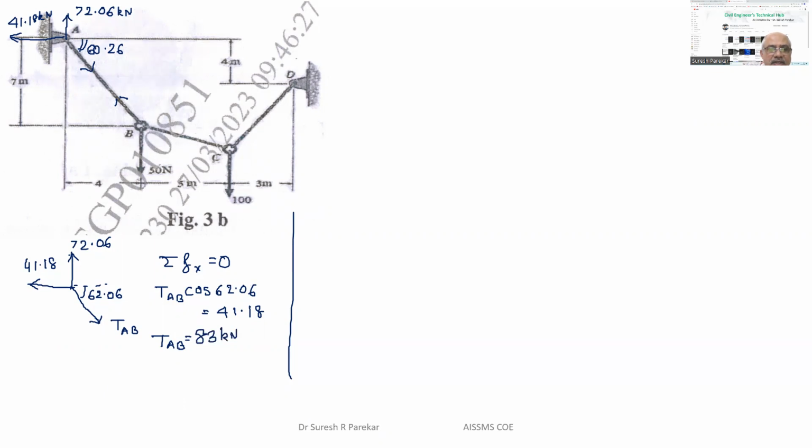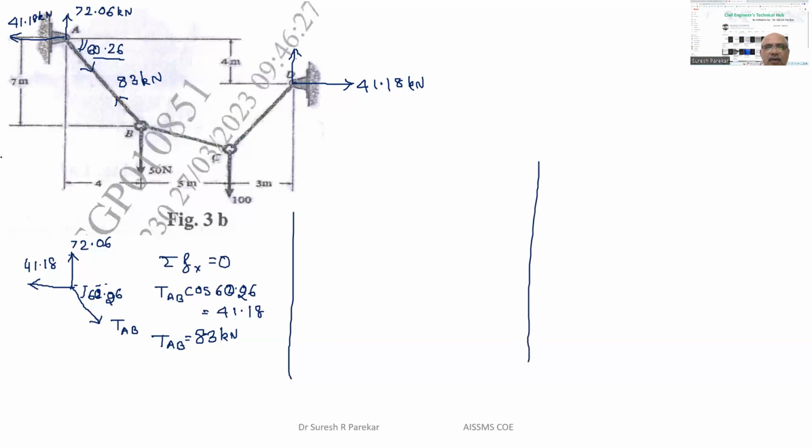Now this angle is 60.26 degrees, as you can see in the above figure, and we have this tension 83 kilonewtons. Now we know this force HA equals HD because we do not have any other horizontal force. Now we can find VD. We take summation Fy equal to 0 for the whole body.